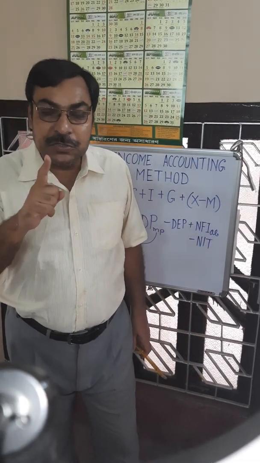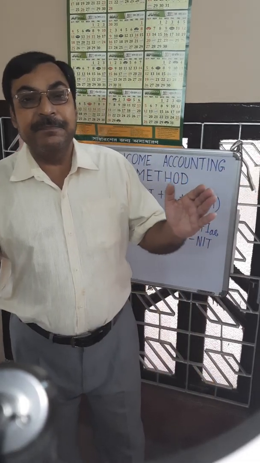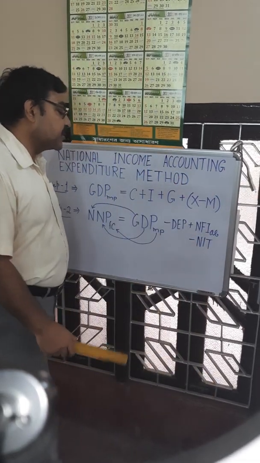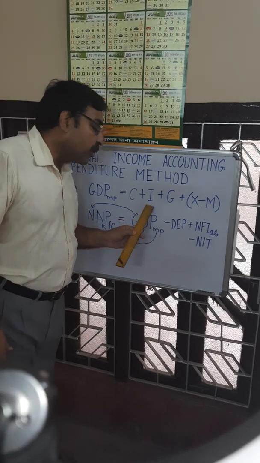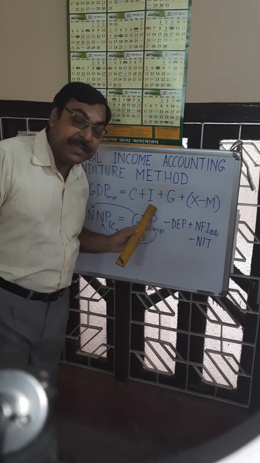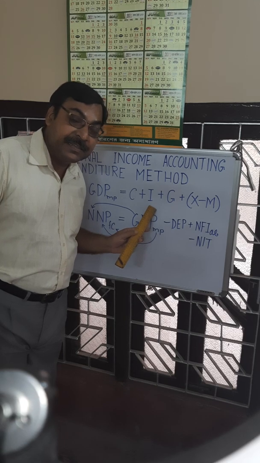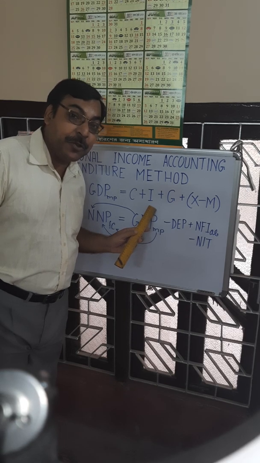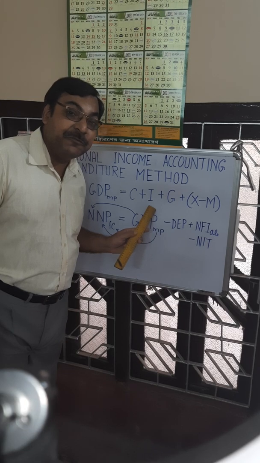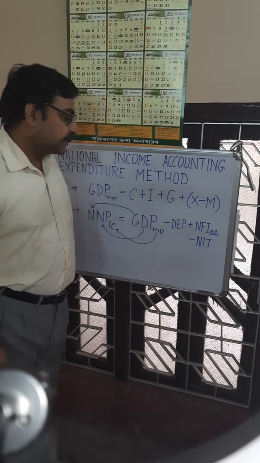So gross domestic capital formation is not only gross fixed capital formation, this also includes change in stock. Add them, you will get gross domestic capital formation or investment expenditure in the economy. This expenditure is incurred by which economic agent? By the business firms in the economy.